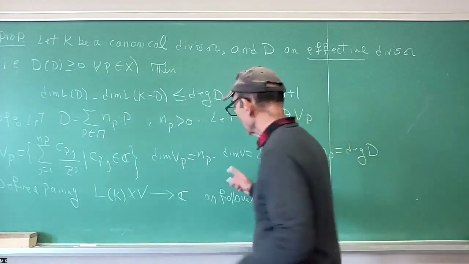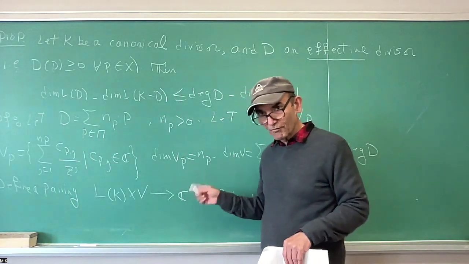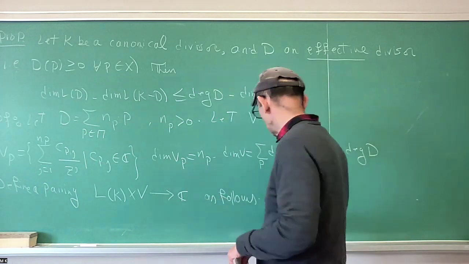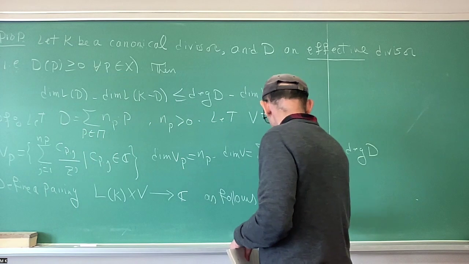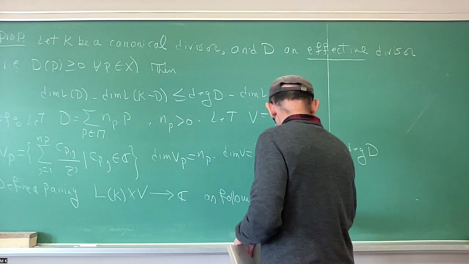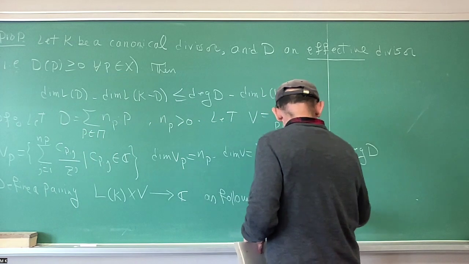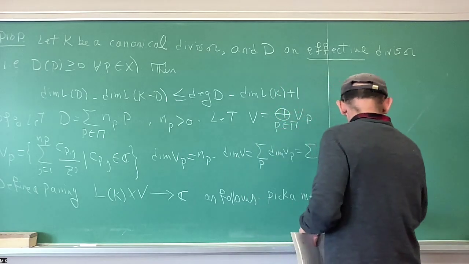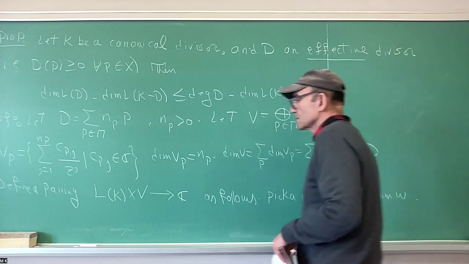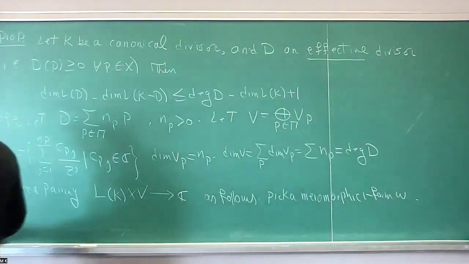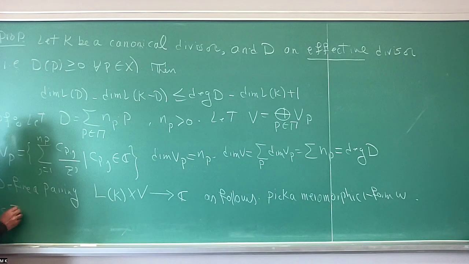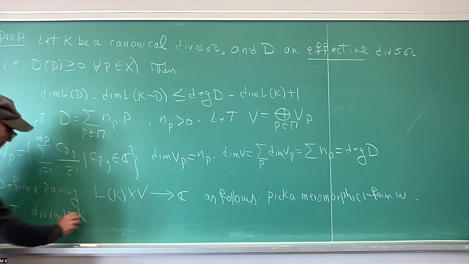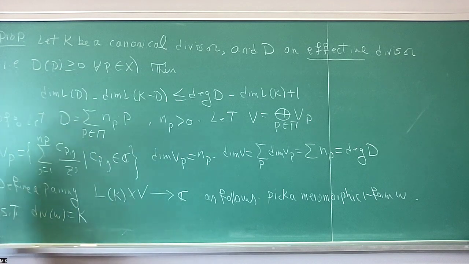Okay, so the first thing you have to do, you have to pick a meromorphic one form omega such that the divisor of omega is K. How do you know that such a one form exists?